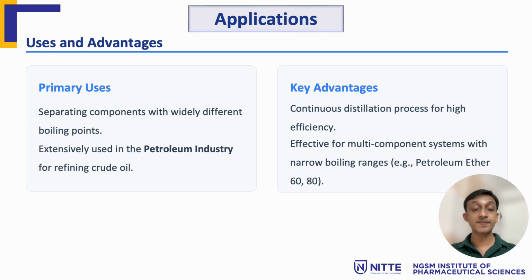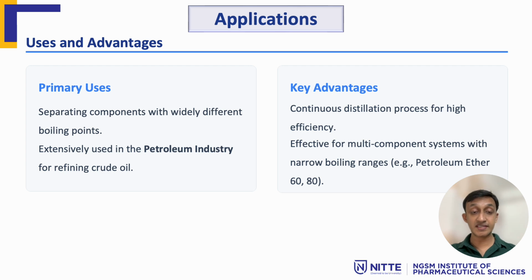Flash distillation is primarily used for separating components with significantly different boiling points. One of its major applications in the petroleum industry is particularly in crude oil refining.